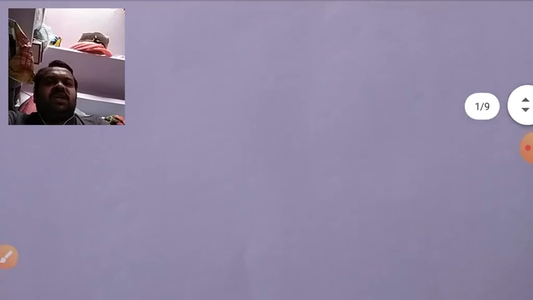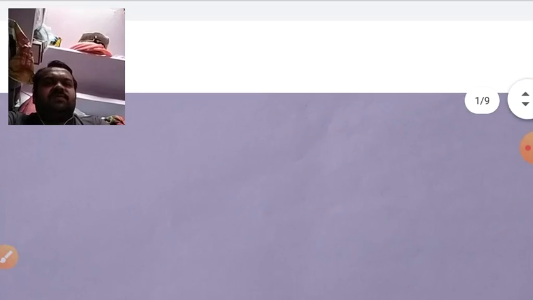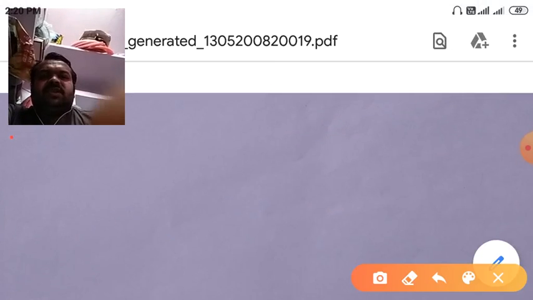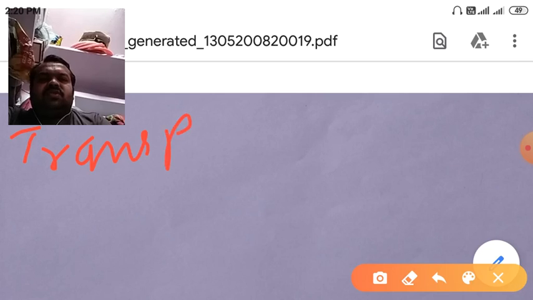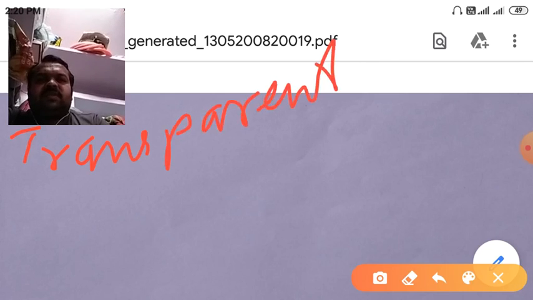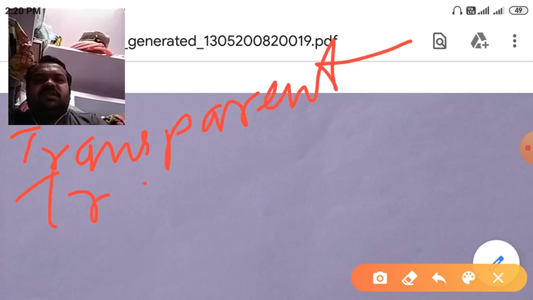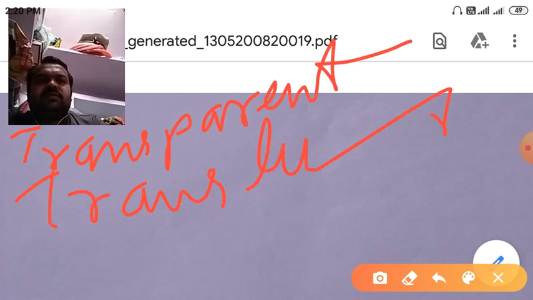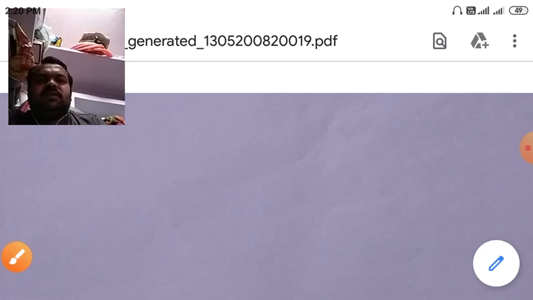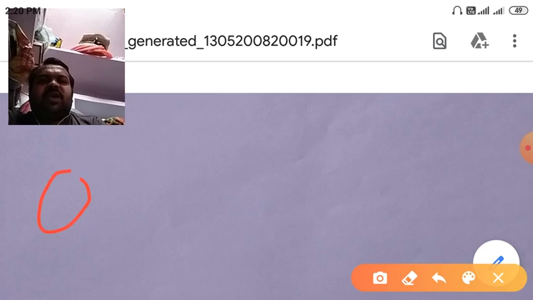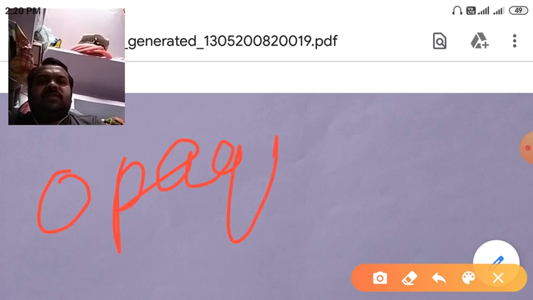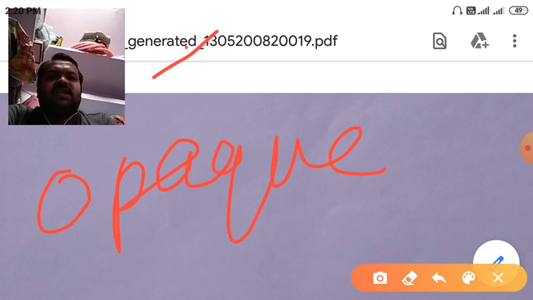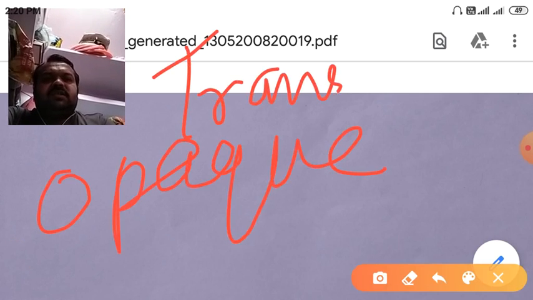Means we can categorize these three as transparent, translucent, and opaque.